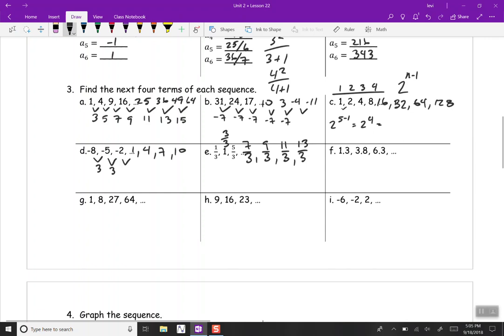Next one, 1.3, 3.8, 6.3. Let's see here.